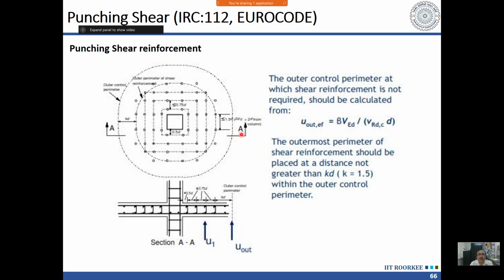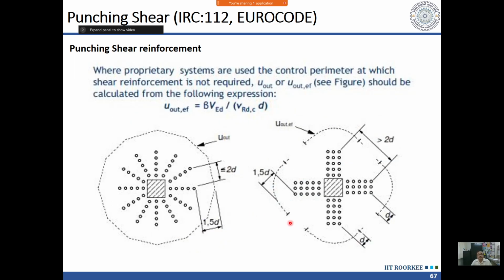Same formula, same method of reinforcement is not valid in case of punching shear failure. In punching shear failure, the reinforcement is to be considered along perimeter. So different perimeters, the reinforcement is to be checked. So every perimeter is to be checked, and the reinforcement which is coming on this perimeter, that reinforcement is to be considered. How? Different types of reinforcement arrangements for punching shear may be like this.